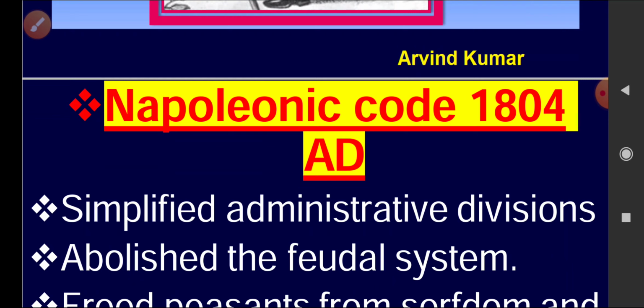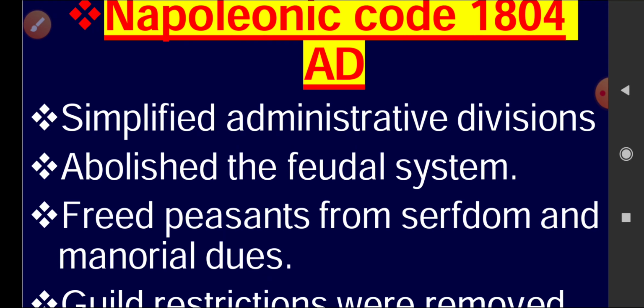So, you must underline your important points in your book too. The first provision of his Napoleonic Code was that he simplified the administrative division.